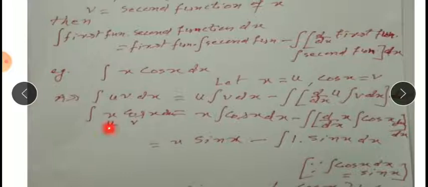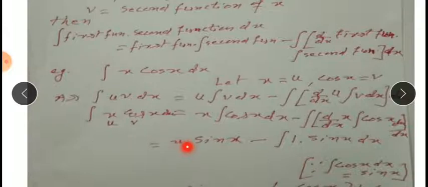That's why we select x as first function, cos x as second function. According to the formula, it is equal to first function into integration of second function minus whole integration of differentiation of first function, that is d/dx of x, into integration of second function, that is cos x.